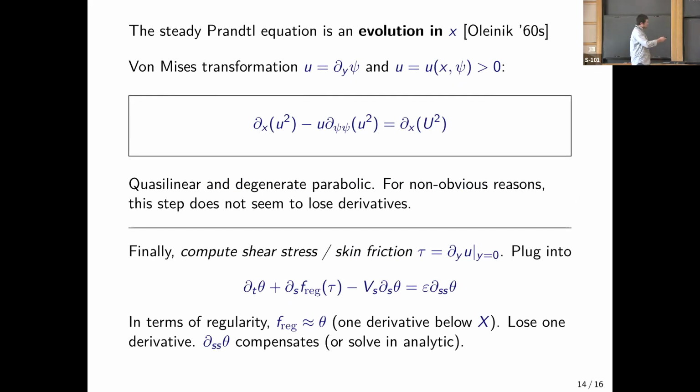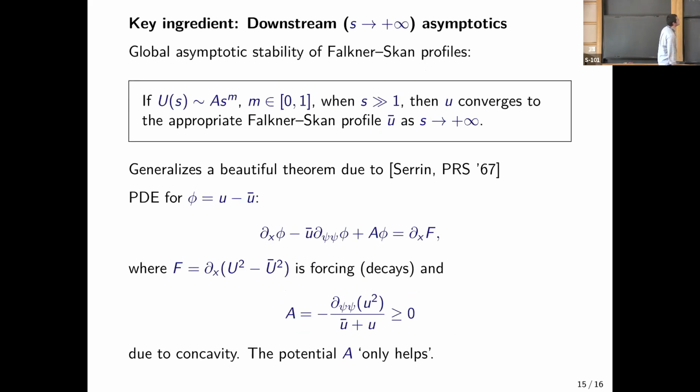And so, okay, once you do all this boundary layer stuff, then you can compute the shear stress, plug it back into the PDE, you close the system, and you try to say something about well posedness. One ingredient I want to highlight is that we have this 90-degree corner, and you want to understand that you have an initial body which very far away looks like a 90-degree corner, and you want to say that it continues to look like a 90-degree corner.